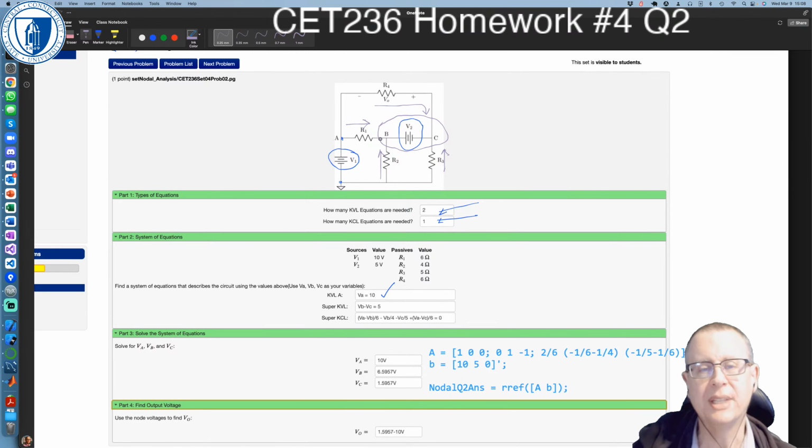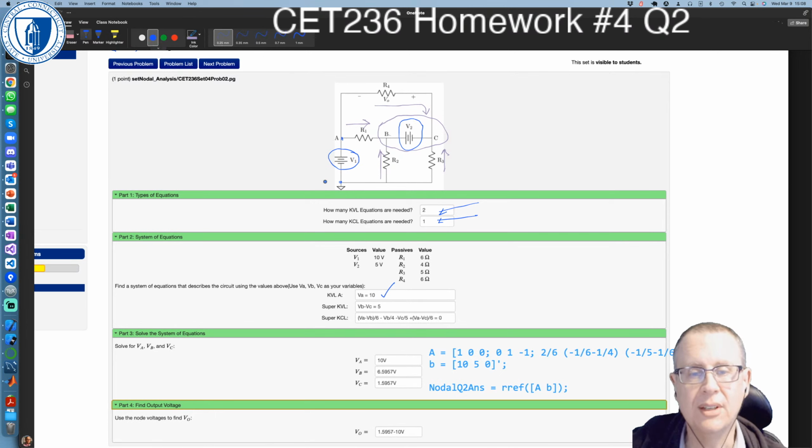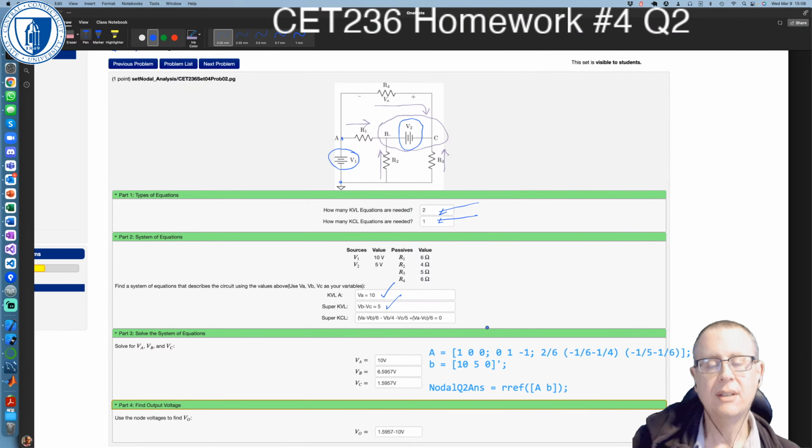That's looking at it from the outside. On the inside, we need to make a KVL equation, right? And the KVL equation is nothing more than VB minus VC equals V2. In this case, V2 is 5, so VB minus VC is 5.